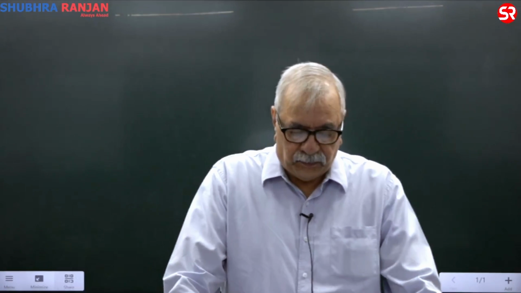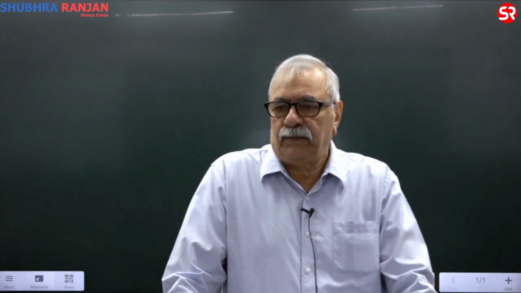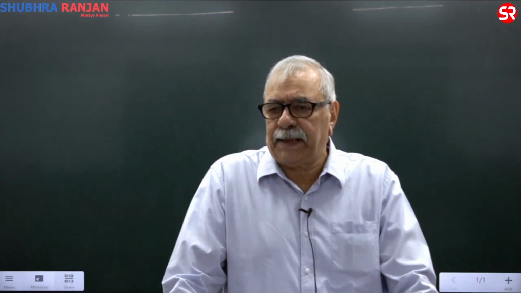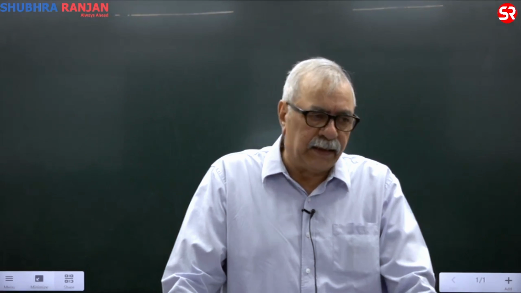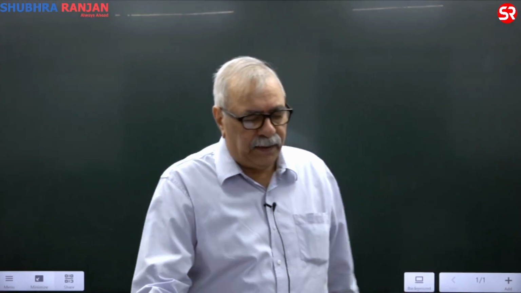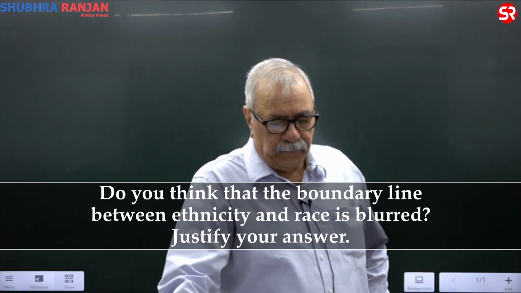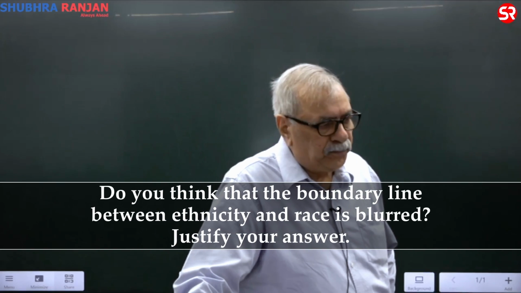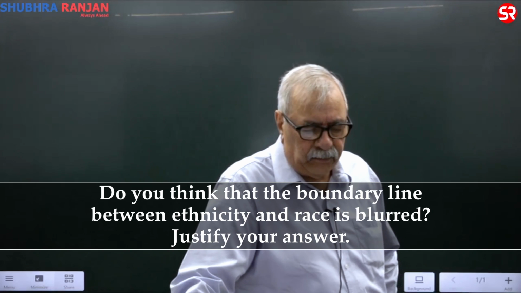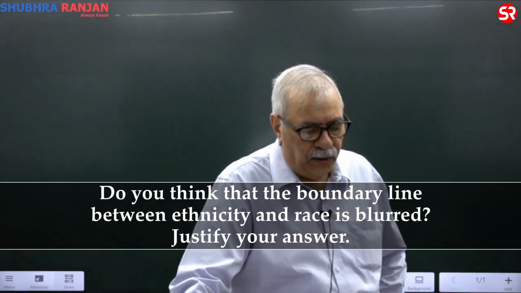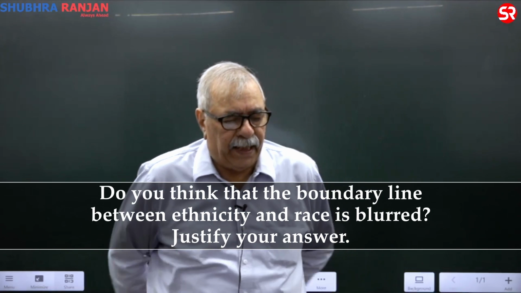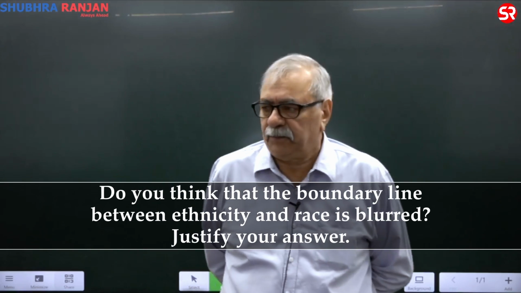Then the last one, there are 5 questions which are compulsory. This is the last one I am taking up. It says, do you think that the boundary line between ethnicity and race is blurred?